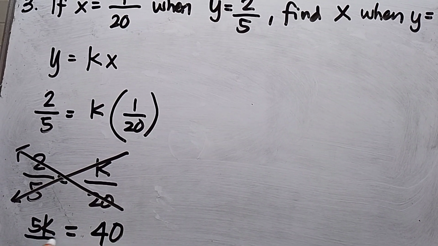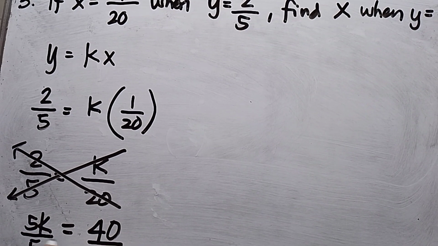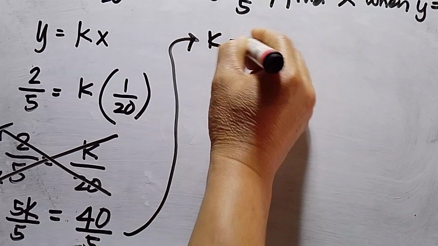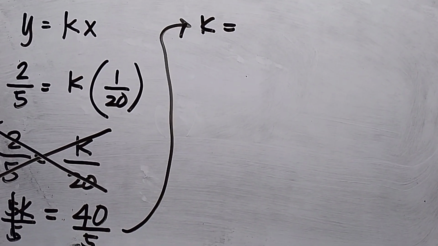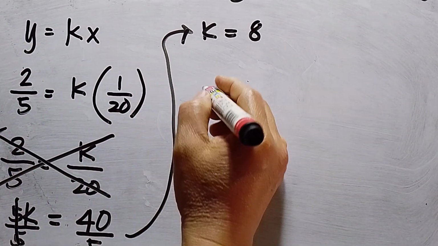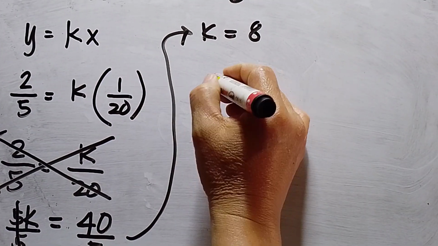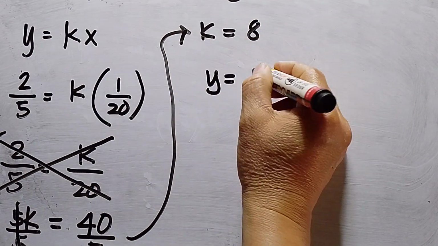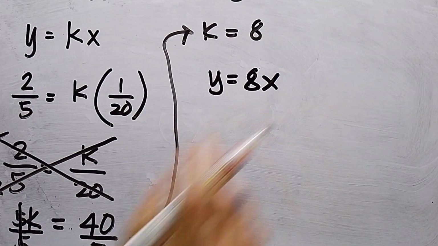Then I need to divide both sides by 5 in order to get the value of k. 40 divided by 5 is 8. So I can make my equation for number 3, which is y equals 8x. So this is my equation for number 3.